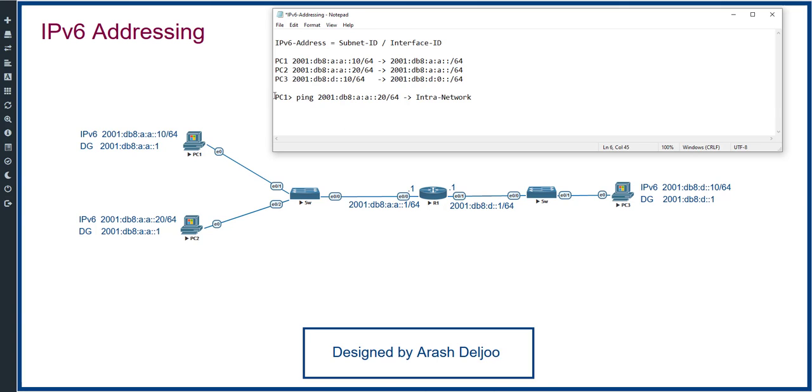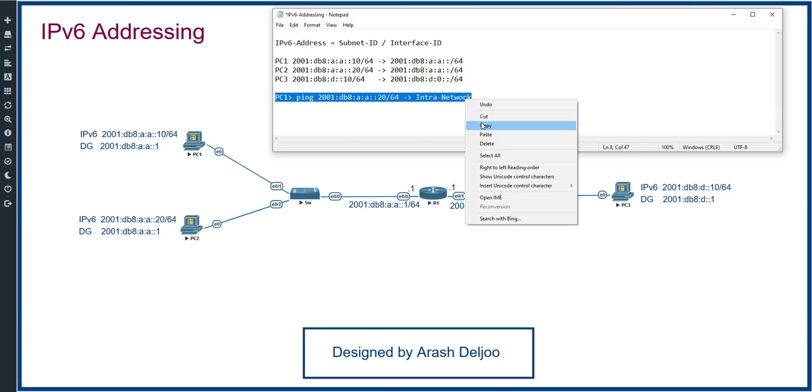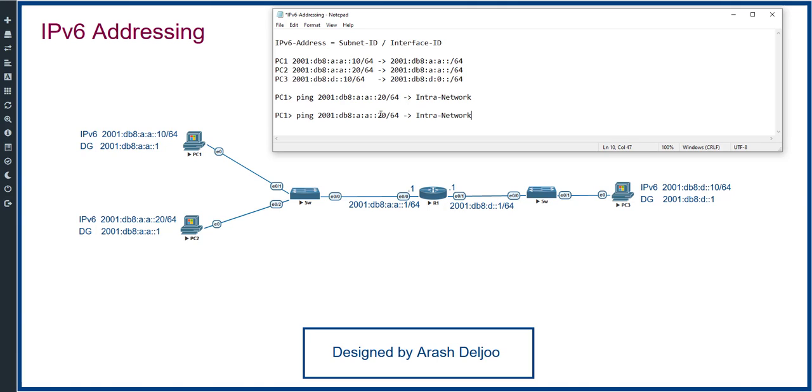When you are trying to send traffic to PC3 from PC1 with a ping, for example to 2001:DB8:D::10, first PC1 should compare its first 64 bits of the IPv6 address with the first 64 bits of the IP address of PC3.